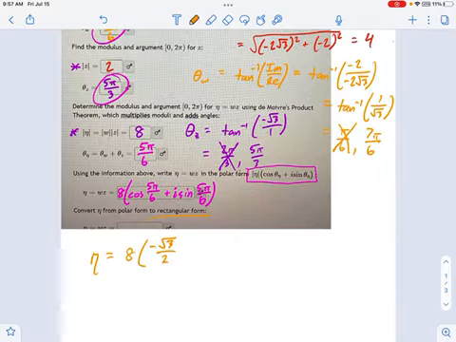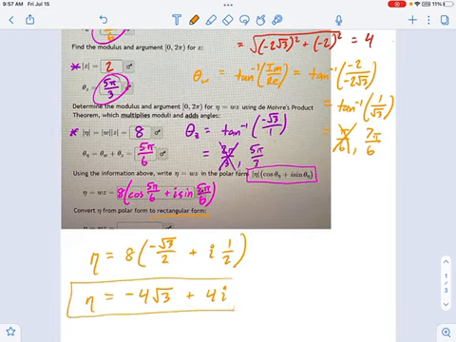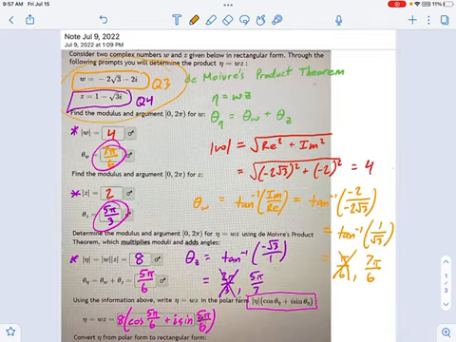And the sine of 5 pi over 6 is just 1/2. Okay, so that's my rectangular form. Let's simplify it a little bit. This becomes negative 4 root 3 plus 4i. Okay, that is the rectangular result of multiplying these two complex numbers.